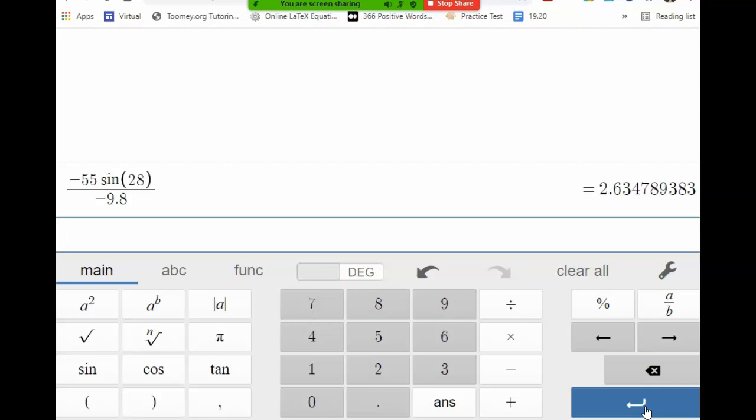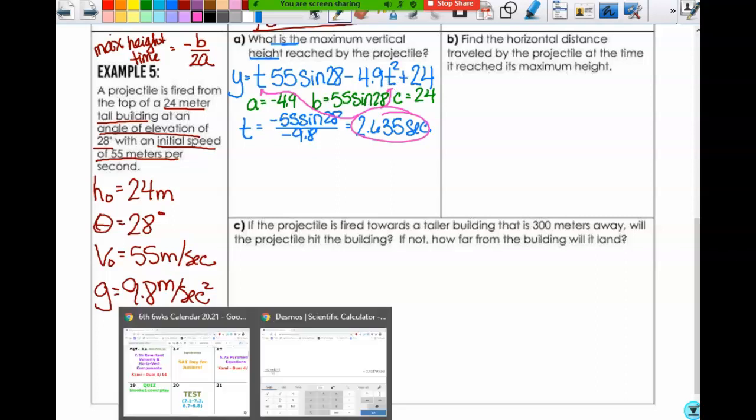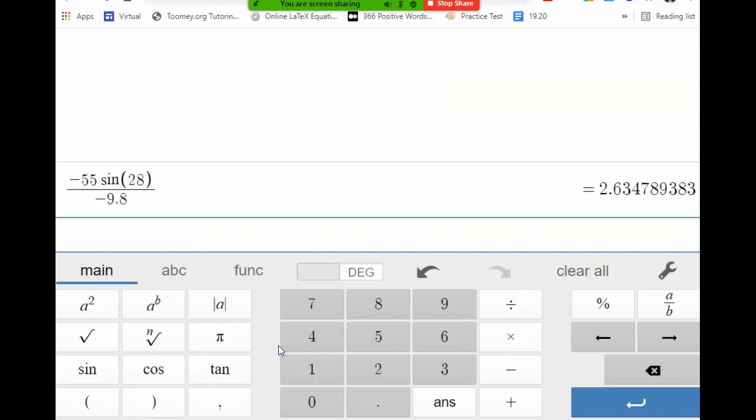2.635. So this is 2.635 seconds. Not my answer, because it didn't ask me when. It said, what is the maximum vertical height? So now I have to take this, and I substitute it in for t here and there. So I'm going to go back over here, and I'm going to type that in.